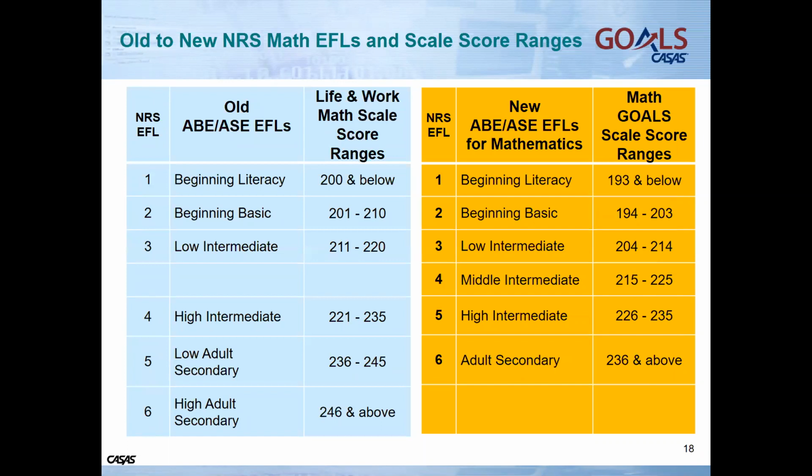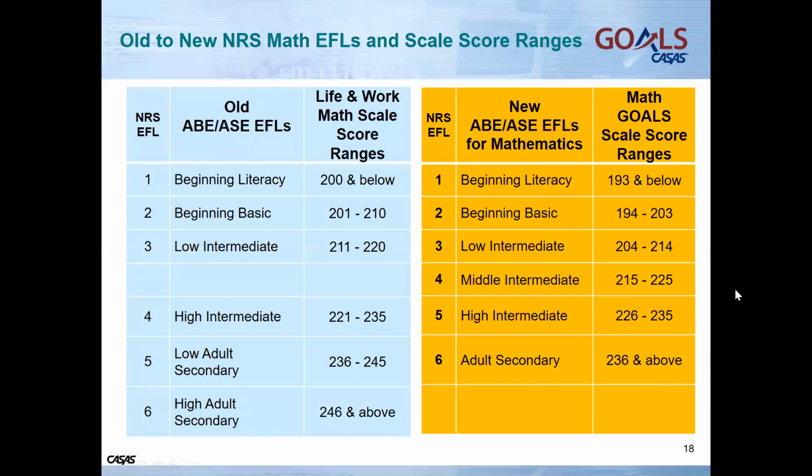And you can see that the score ranges do differ considerably at the beginning literacy level, where to complete the first level, and this is aligned with the language of the descriptors and therefore what's assessed, it's 193 and below to complete beginning literacy rather than 200 and below, and then 194 to 203 for beginning basic.